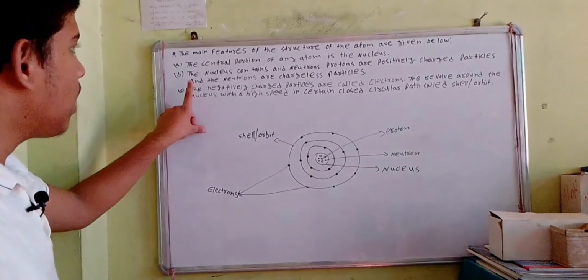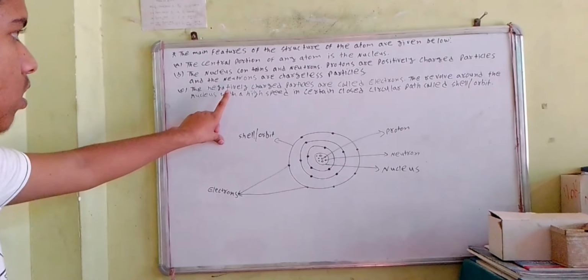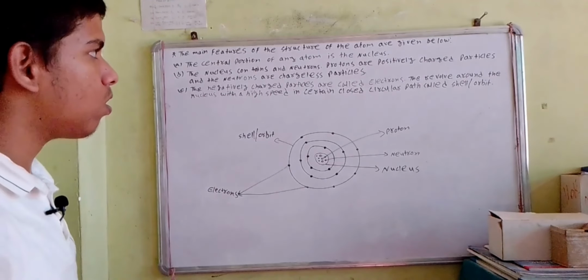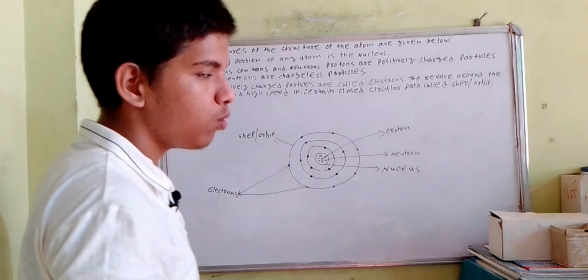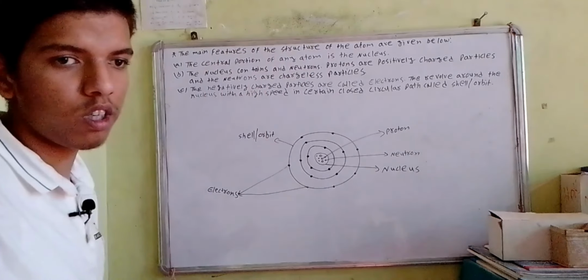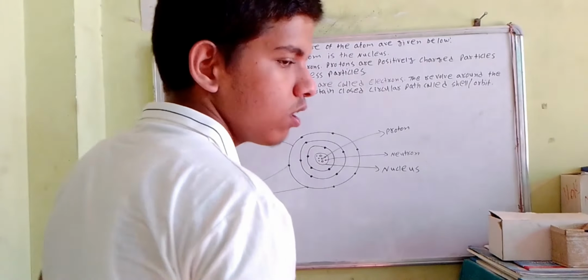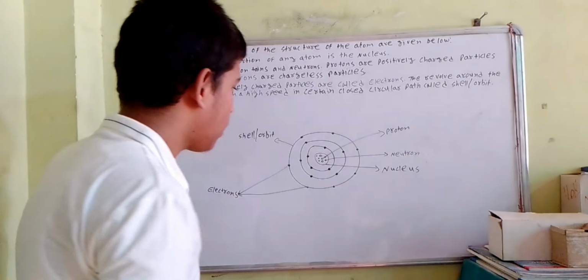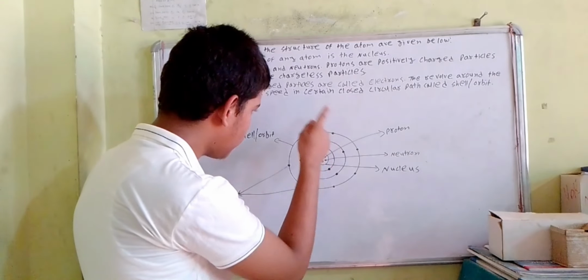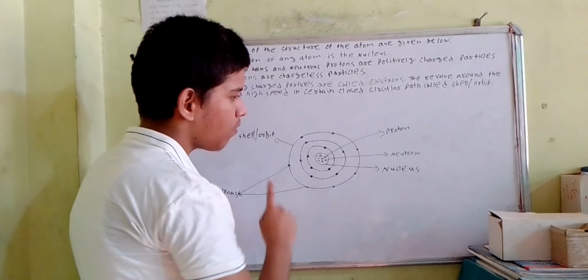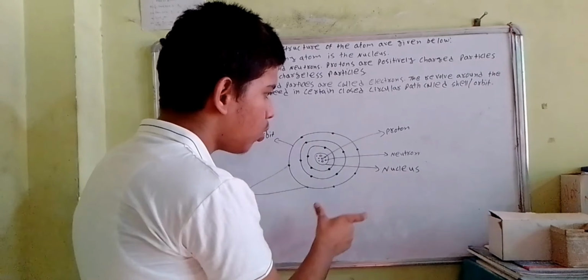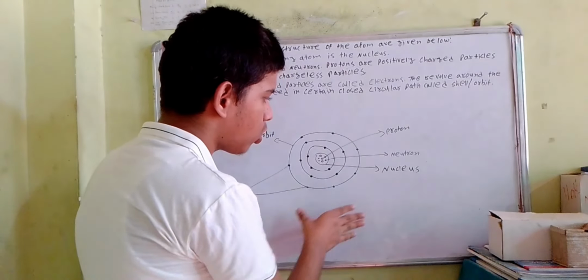The central portion of any atom is the nucleus. Pay attention here. The central portion of any atom is what? Nucleus. Like here, you can see this is the structure of an atom. This is the atomic model, the model of an atom.